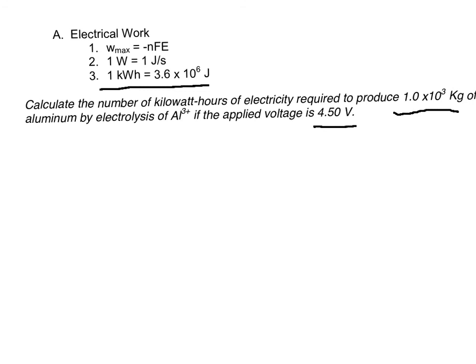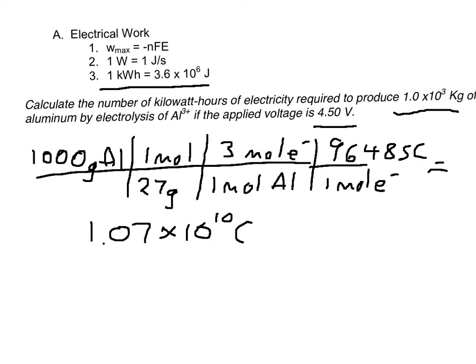I can take kilograms of aluminum, go through that whole conversion process we did before to get to coulombs, and I get 1.07 times 10 to the 10th coulombs, which is the charge of this. Now this charge is equal to the number of moles of electrons that has been transferred, times Faraday's constant. In other words, it's that little part of our equation right there.